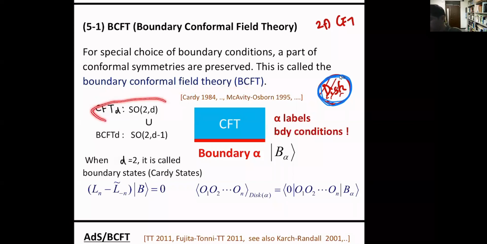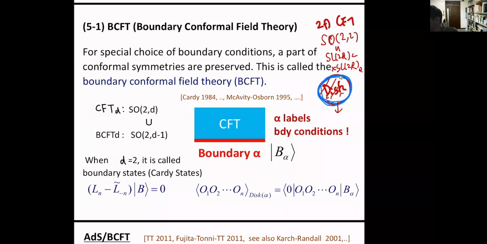For a D-dimensional conformal field theory, as you know, you have SO(2,D) symmetry, right? This is conformal symmetry. But if we put in a boundary, you need to break some of it, but you can keep a part of it, SO(2,D-1). In 2D CFT, SO(2,2) is the same as SL(2,R) times SL(2,R), with left-moving Virasoro and right-moving Virasoro.